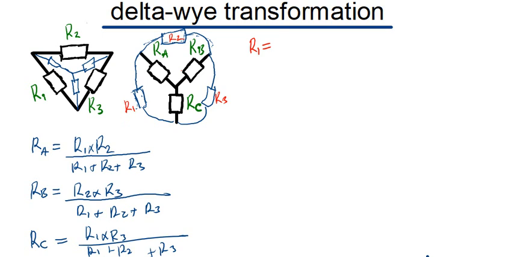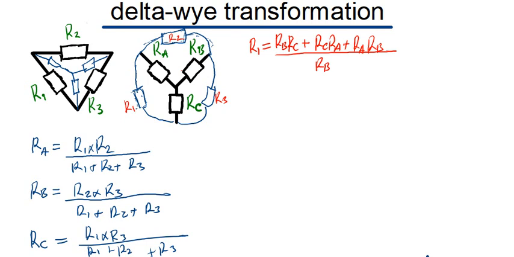So you say RB multiplied by RC, plus RC multiplied by RA, plus RA multiplied by RB, divided by RB, the one that is opposite R1. Follow me step by step here.